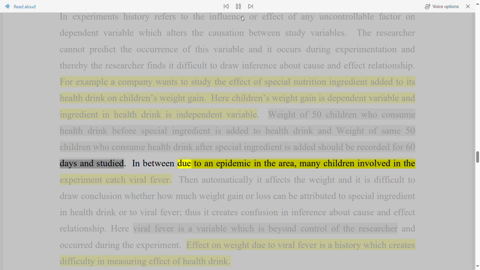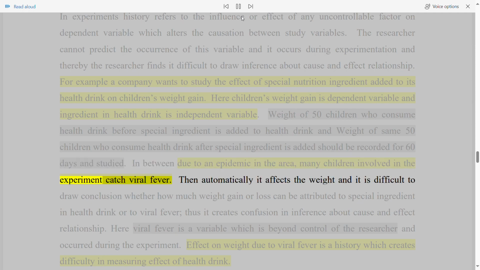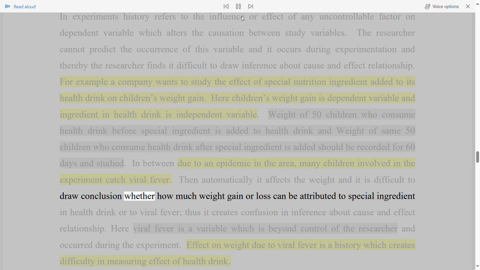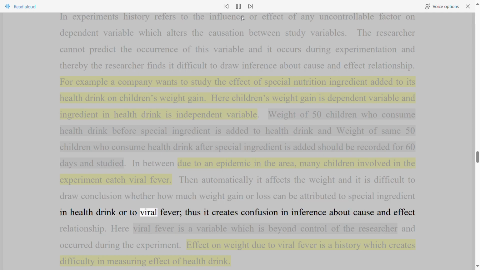In between, due to an epidemic in the area, many children involved in the experiment catch viral fever. Then automatically it affects the weight and it is difficult to draw a conclusion whether how much weight gain or loss can be attributed to the special ingredient in the health drink or to viral fever.